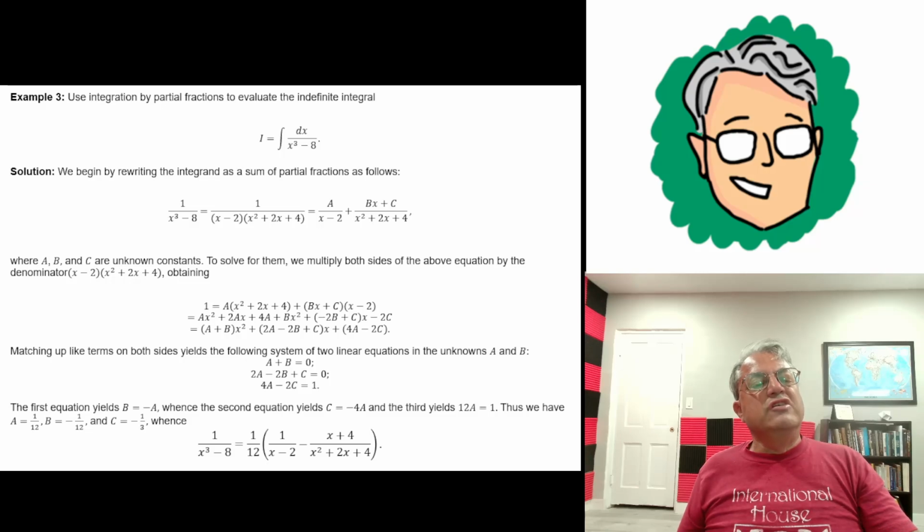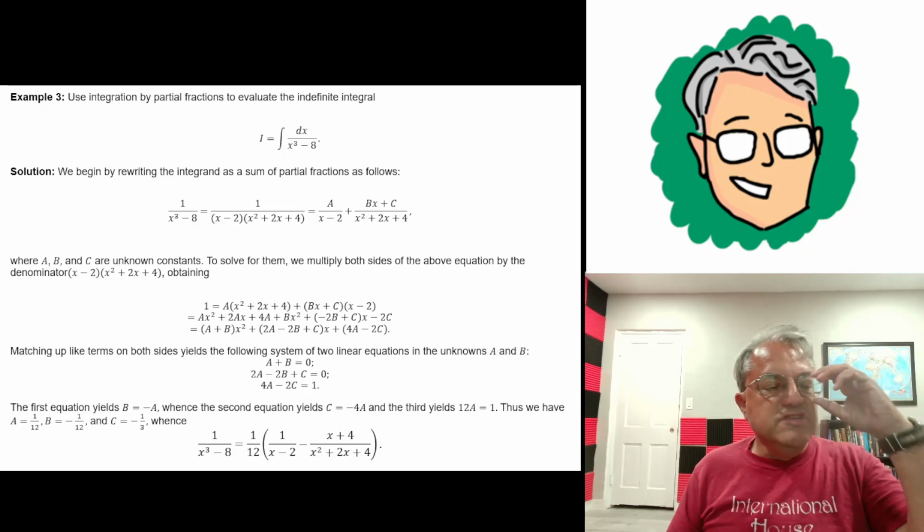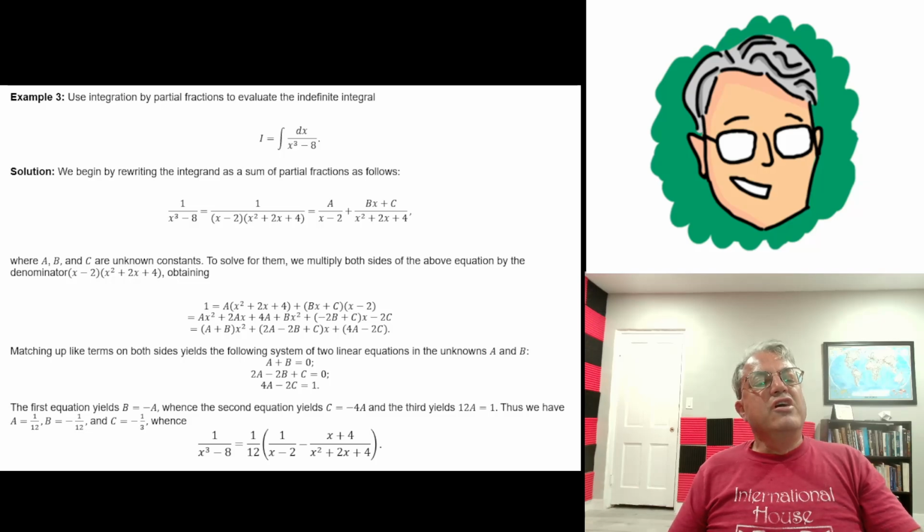That yields 1 on the left, and it yields A times (x squared plus 2x plus 4) plus (Bx plus C) times (x minus 2). When we simplify all this, I'm not going to go through all the steps here, but you get (A plus B)x squared plus (2A minus 2B plus C)x plus (4A minus 2C).